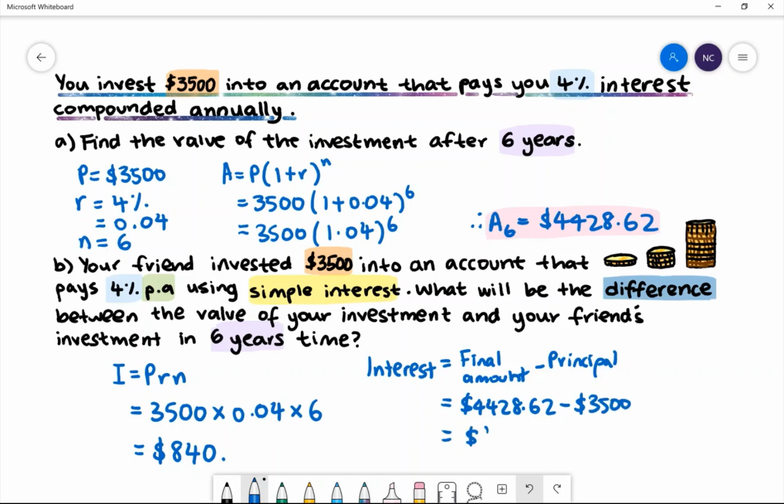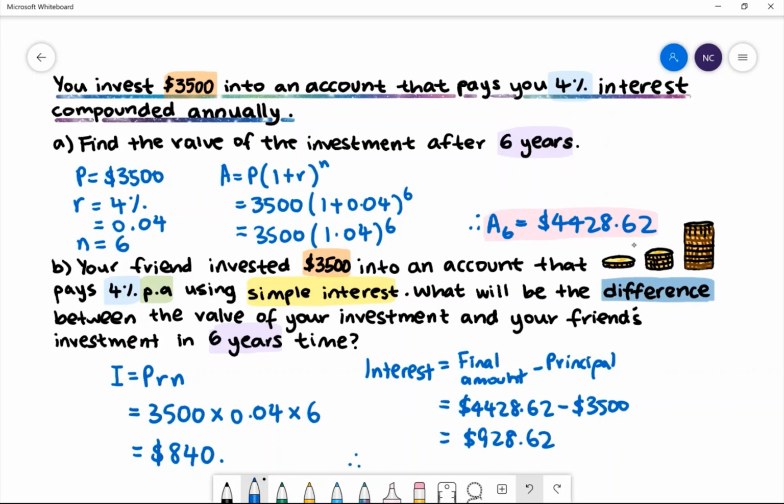Your interest will be $928.62. Lastly, we'll just subtract to find the difference. So we'll do $928.62, subtract $840. Therefore, the difference will be $88.62.